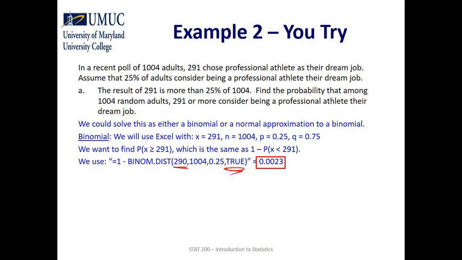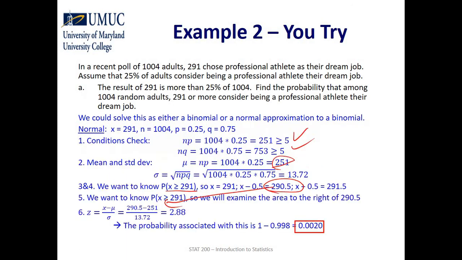Now remember, before we got 0.0023. That is actually more precise because that is the binomial distribution. This is a normal approximation to a binomial distribution. But just realize we're down in the ten-thousandths of a point. So we're 10,000th off. At that point, we're pretty good. Okay.